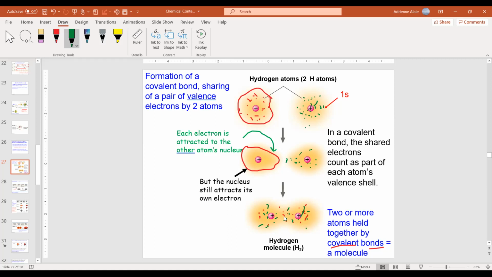Because both a green and a red electron are whizzing around hydrogen atom number 1, and hydrogen atom number 2 in my little example, it's as if each has 2 electrons circling it in an electron cloud. So this means each hydrogen atom has finished its valence shell. It has filled its valence shell because it's as if they went from having just 1 electron whizzing around it to 2 electrons whizzing around it.